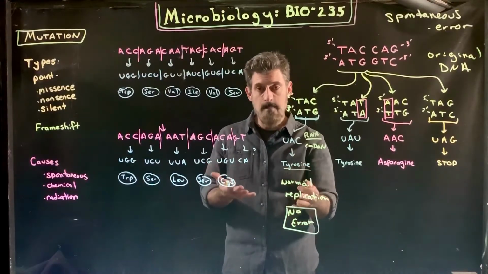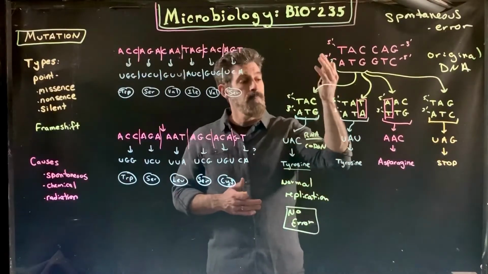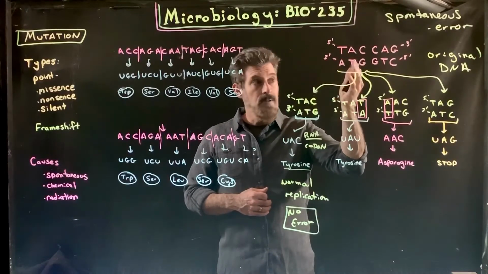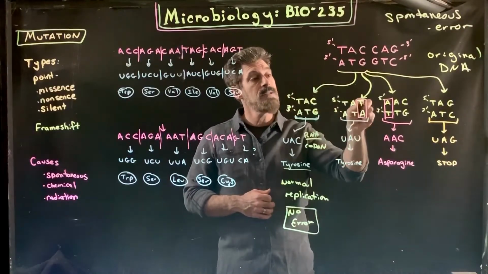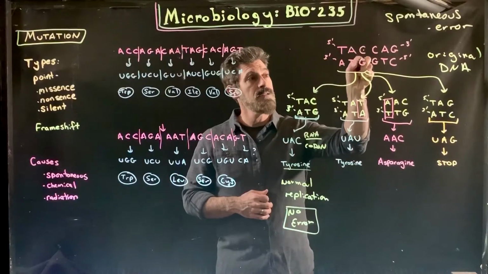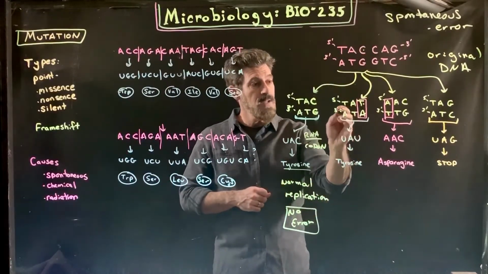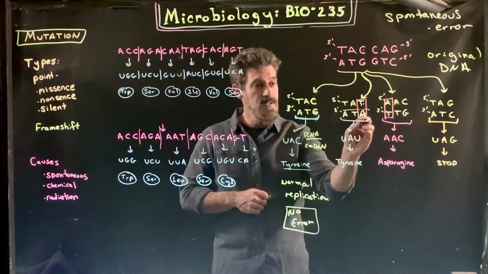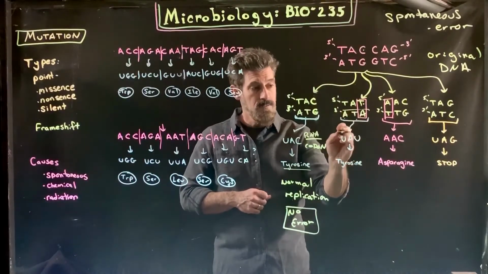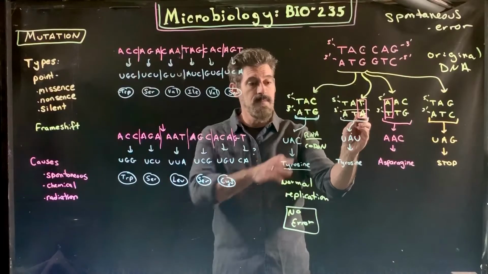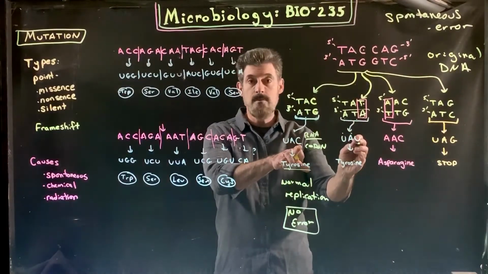That's what should happen. Now, if there is an error, let's say what happens here is there's a mistake. Okay, and instead of the CG pair here, you get T and an A. Okay. So now this strand here, this sequence is read, and you get UA, but then instead of a C here, you have a U. Okay.